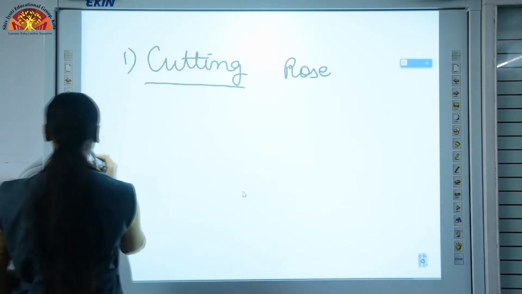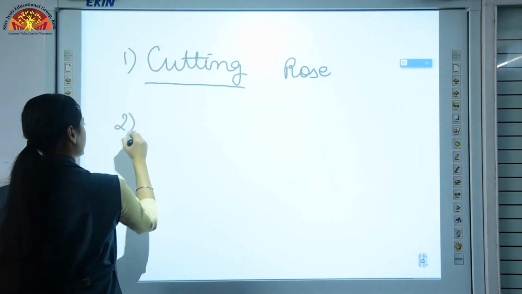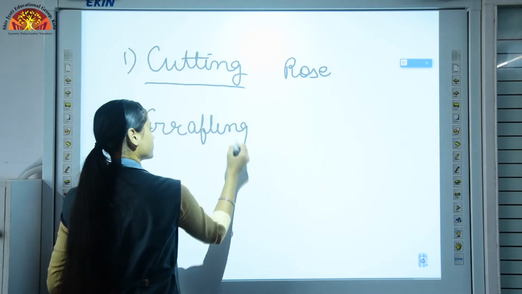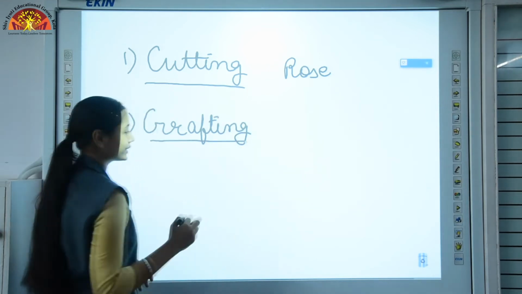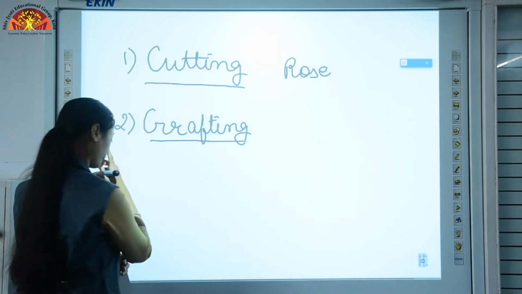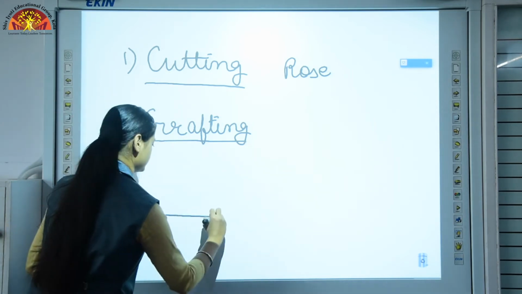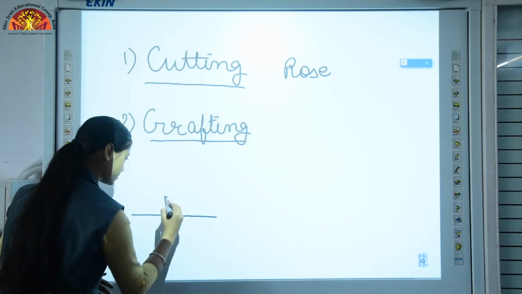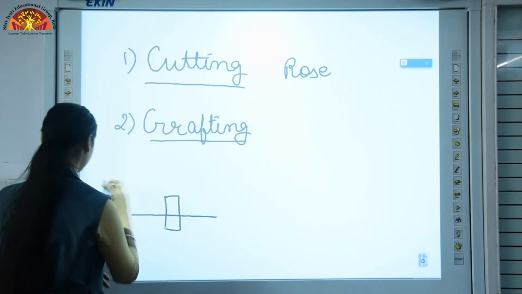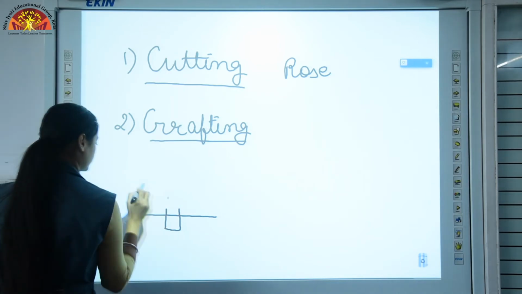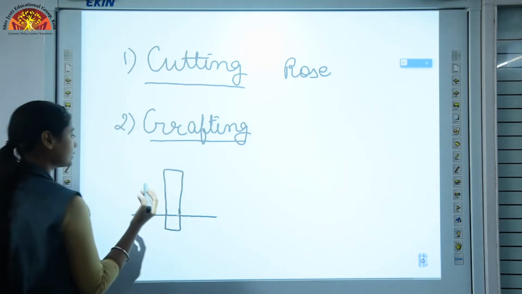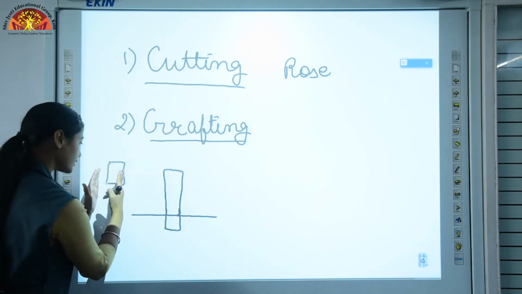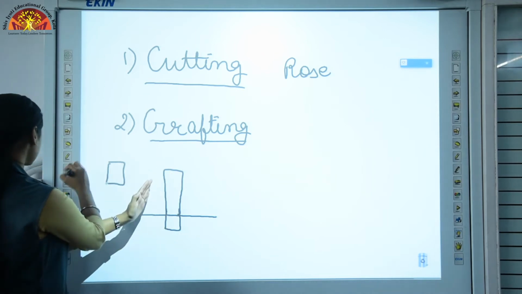Another artificial method is grafting. In this what do we do? We take two plants, and it happens in mango and apple trees. This is the stem of one plant. We will take the stem of another plant and insert this stem into this part.